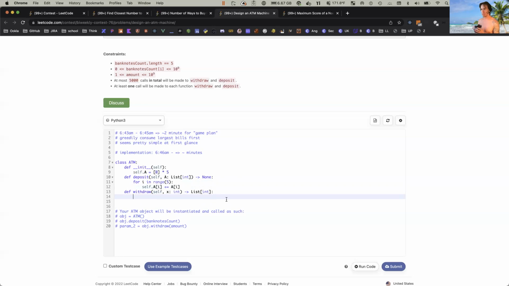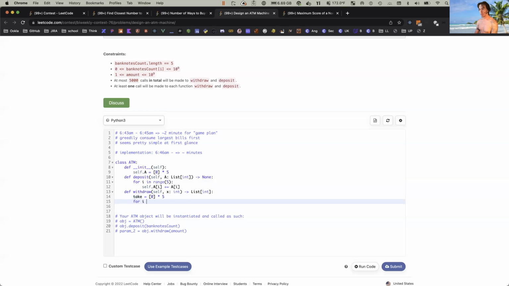Okay, so deposit's pretty simple. Withdrawal will be maybe more complicated. Take equals 0 times 5, for i in range.